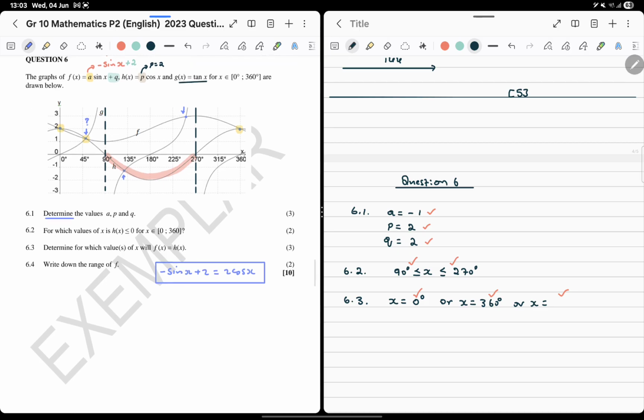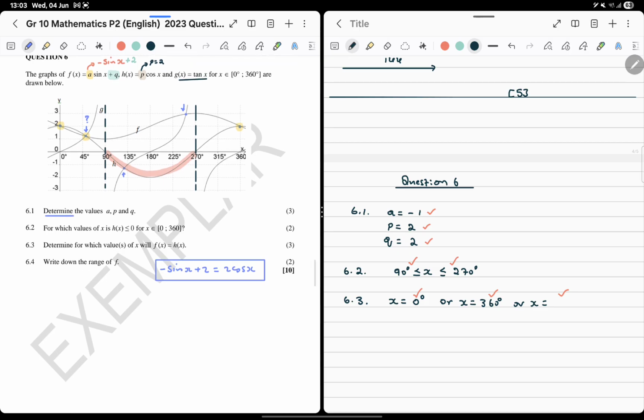So the best is to try and use, because we can still see that the tan function is equal to the sine over cosine function there. So we can just simply say, well, we know that 2 cos x is equal to tan x.